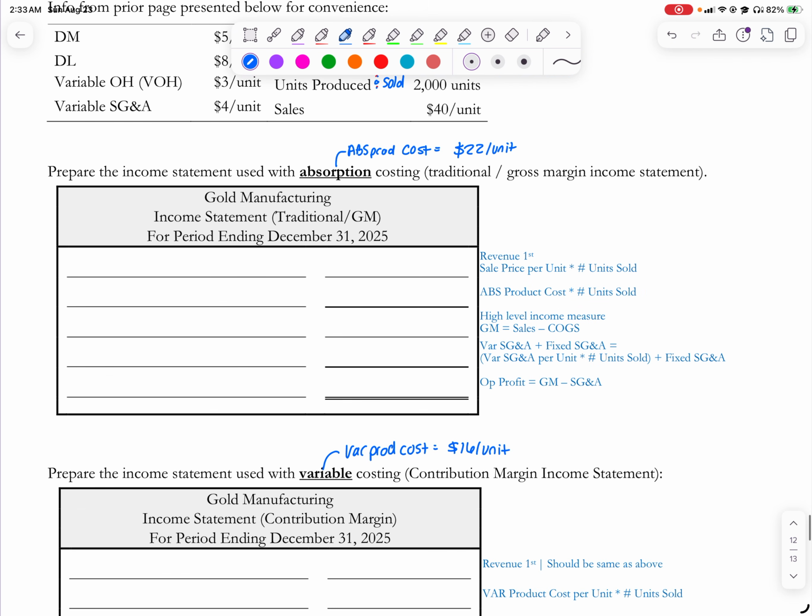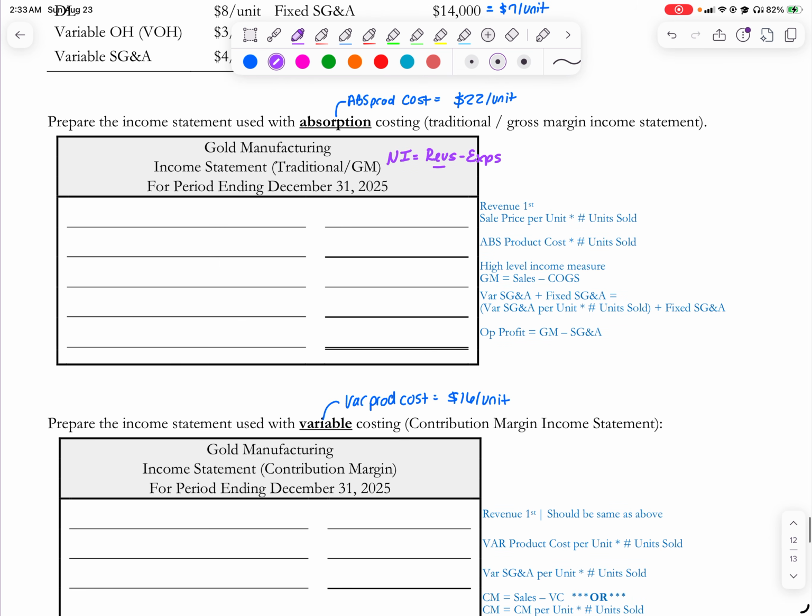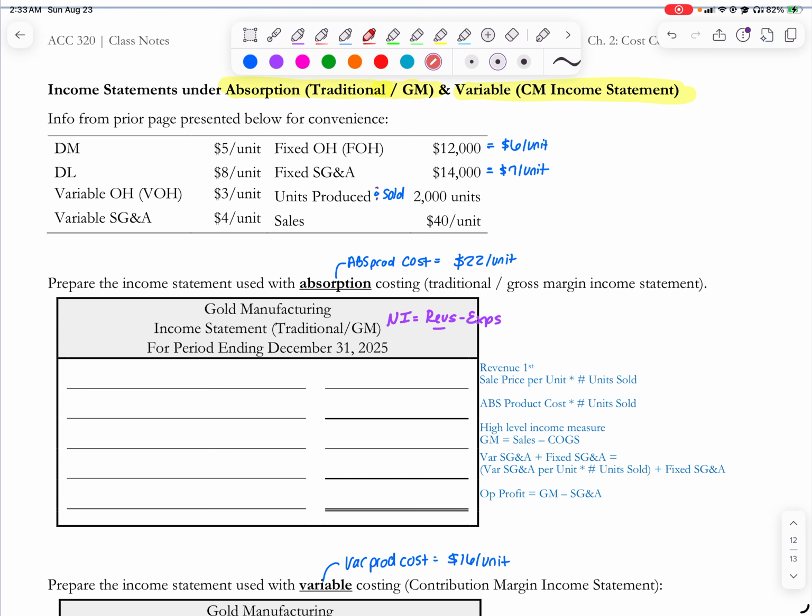Okay, let's do our income statement under the absorption method. Remember, all income statements are essentially capturing the net income equation, which is revenue minus expenses. So I'm starting with the revenue. The only revenue account I've got is sales at $40 per unit.